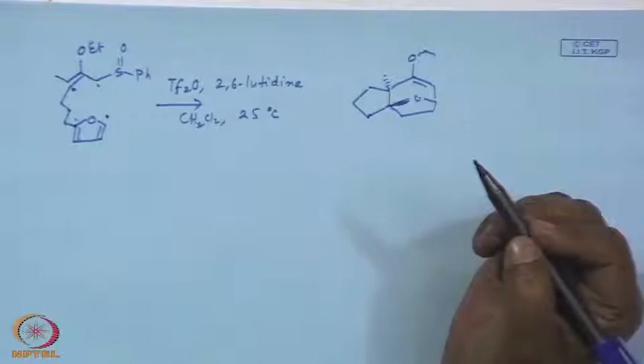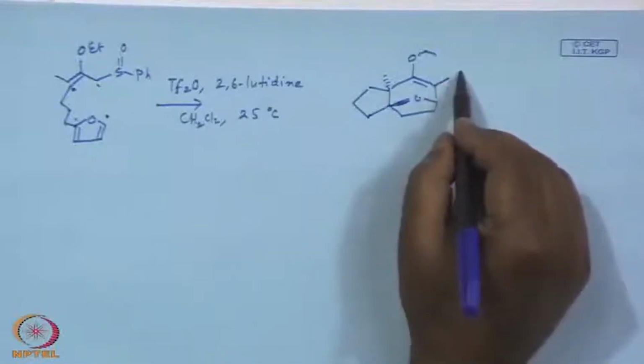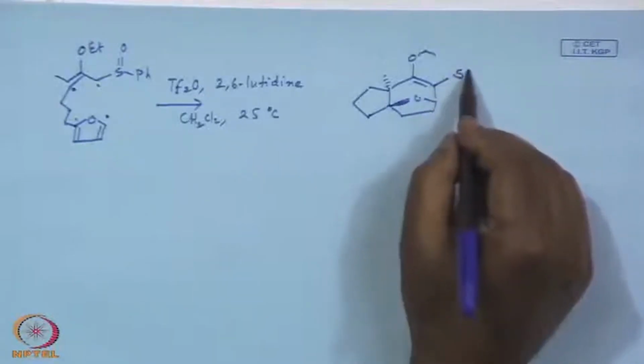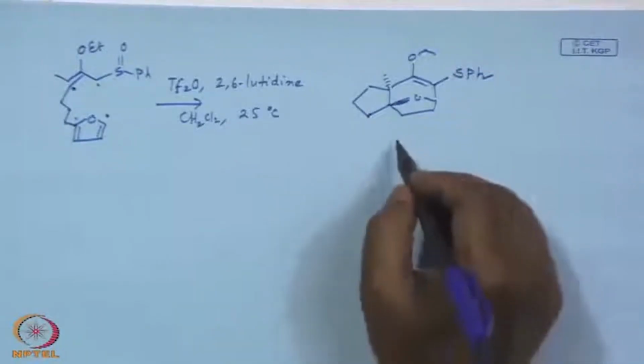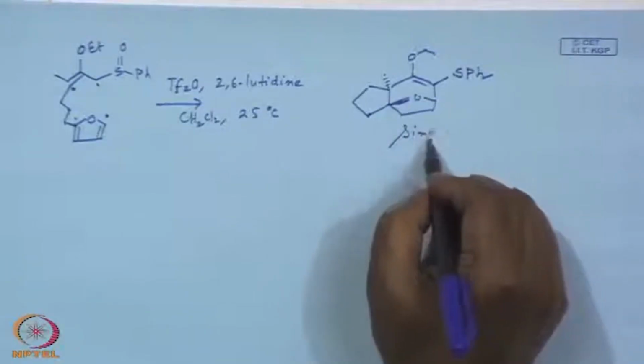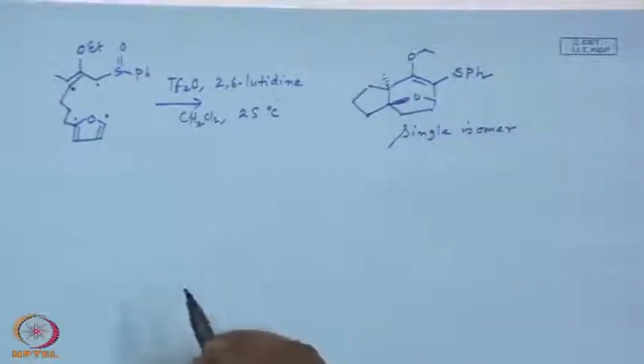Okay. But what else? What you will see here is something quite interesting. You will see now not a sulfoxide, what is it? SPh, a sulphide. And in this example you get a single isomer out of many possible isomers.